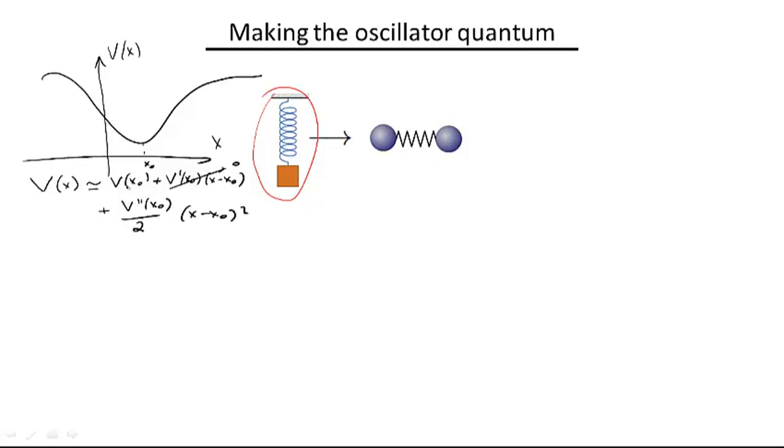Modulo this overall constant, which just shifts the minimum of energy, and this shift of the equilibrium position, the remaining part of this potential is really the quadratic potential that we have in the harmonic oscillator problem.